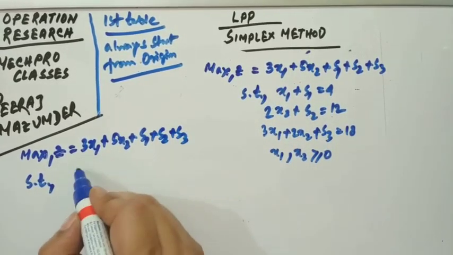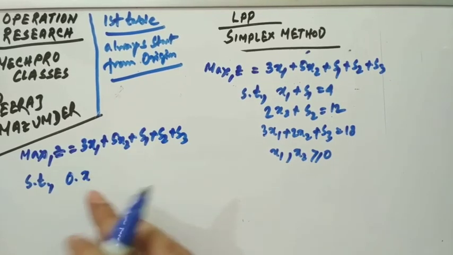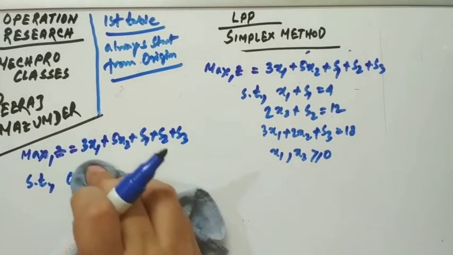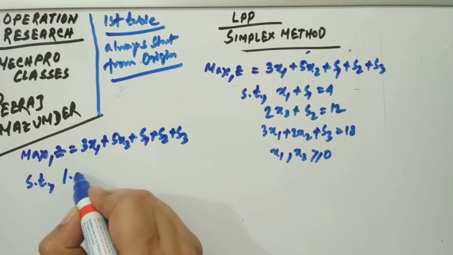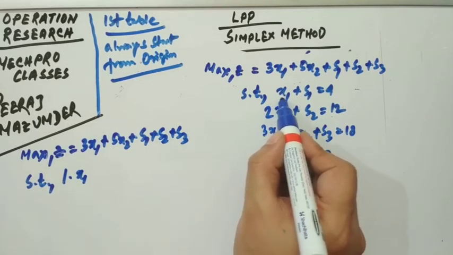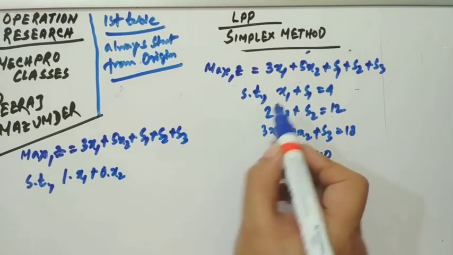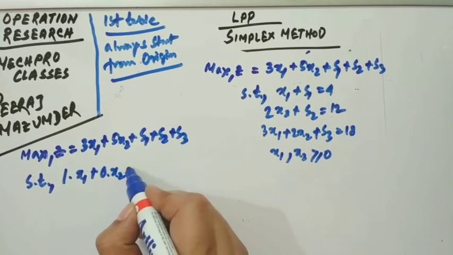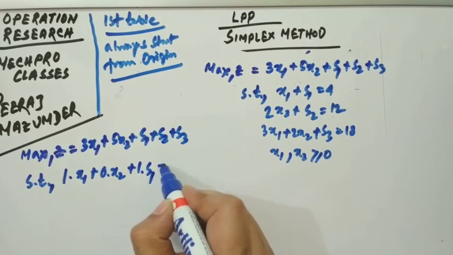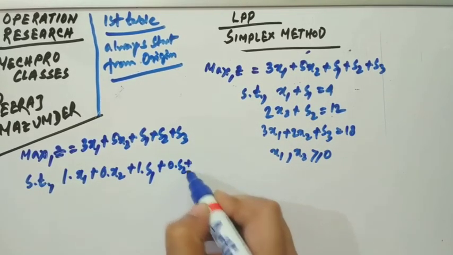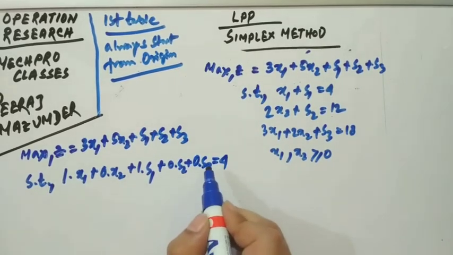The first one has x1, so we write 1 into x1 plus 0 into x2, as it has no x2, plus 1 into s1 plus 0 into s2 plus 0 into s3 equal to 4. So there is no problem writing in this way.